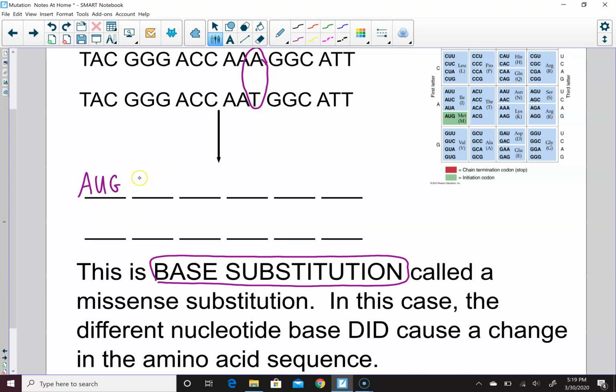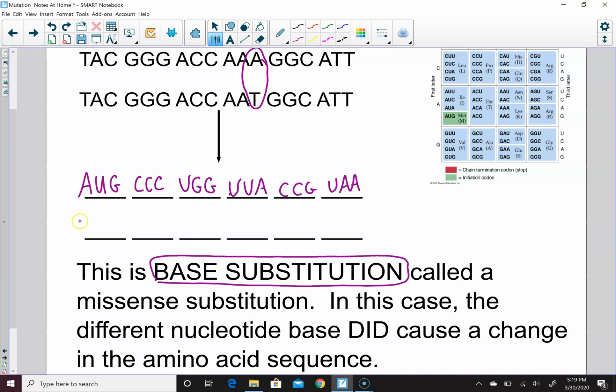I know that this is going to be CCC. And I know that this is going to be UGG. Now this is going to be, oops, UUA. UUA. This is going to be CCG, and this is going to be UAA.